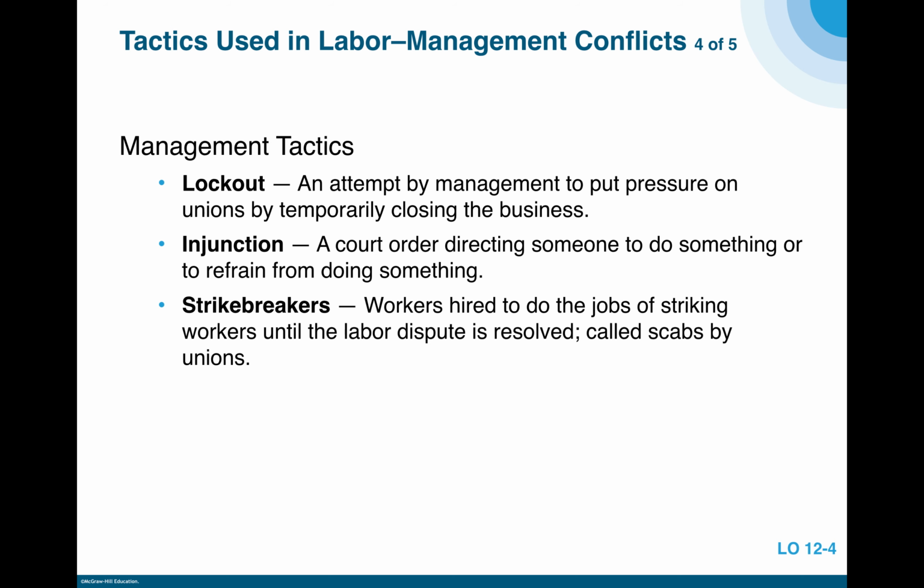That puts a lot of pressure on the employees because they're not going to get paid. It also puts pressure on management because they're not going to have a product or service to put out there. But if they can get by for a little bit until they get those negotiations settled, that could be an effective tool.